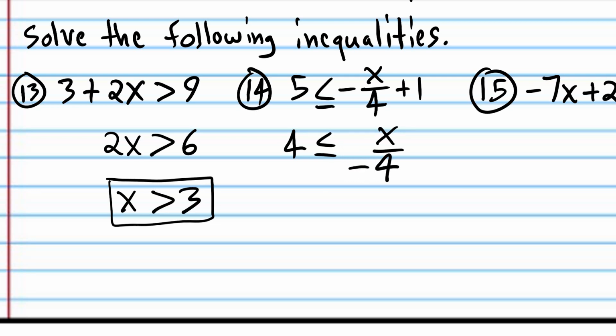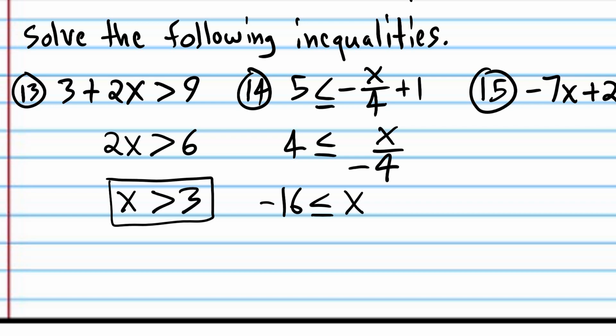It'll just be easier to understand that way. So we're going to multiply both sides by -4, because this is x divided by -4. In order to get rid of the division, you have to do the opposite of division, which is multiplication. So we're going to multiply both sides by -4, and we get x is greater than or equal to -16. The -4 here cancels out, and -4 times 4 is -16. But there's one thing that we forgot to do here.